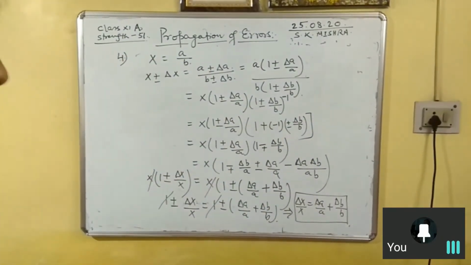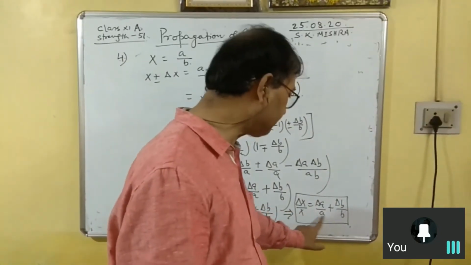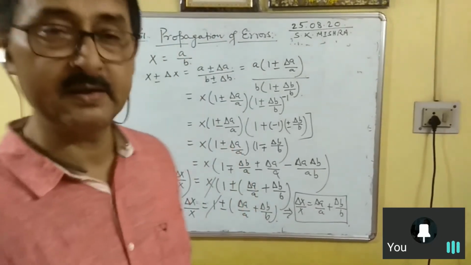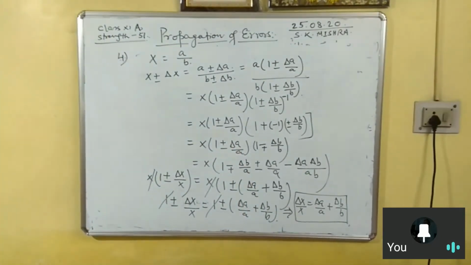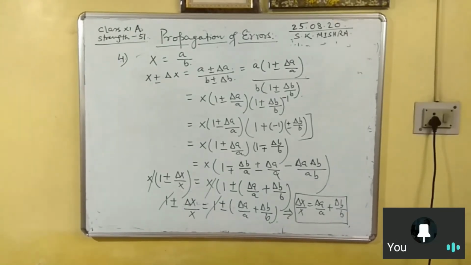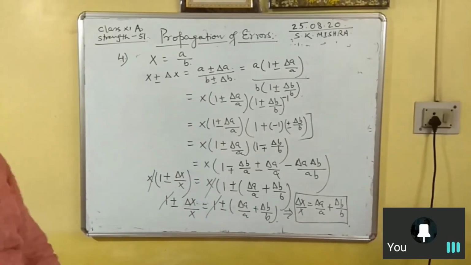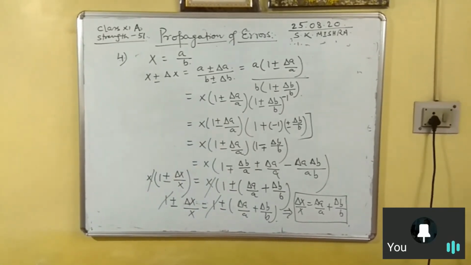Relative error in X, delta X by X, is equal to relative error in A plus relative error in B. The same formula holds good, whether X is equal to A into B or X is equal to A by B. Now I will give you the alternate method of deriving the same formula by using log.